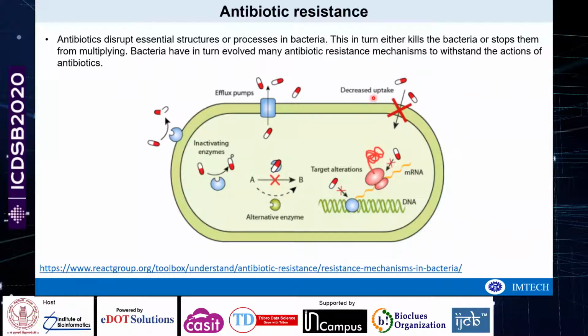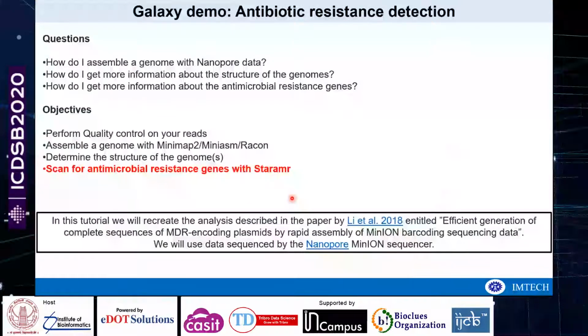Like here you can see decreased uptake, efflux pump, inactivating enzymes, alternative enzymes, and target alterations. For understanding these resistance mechanisms, we need a catalog of resistance genes. So how do we predict these genes from nanopore raw sequence data using Galaxy? This is what I'm about to discuss.